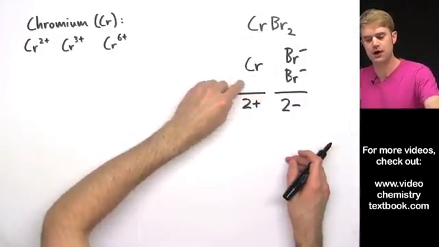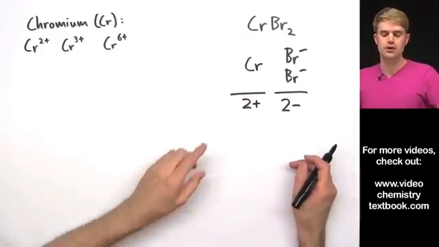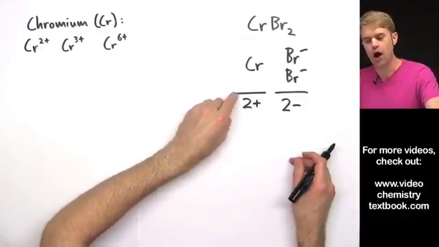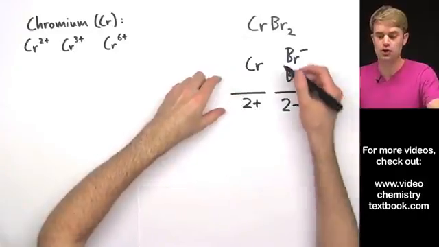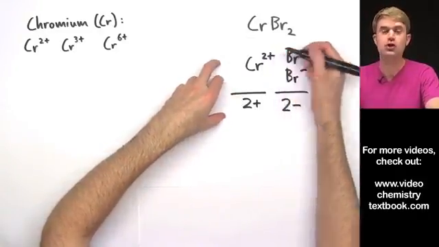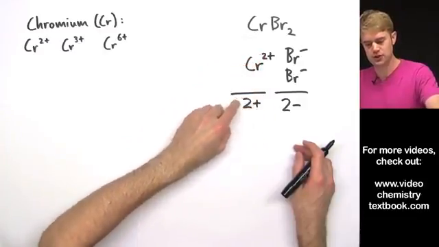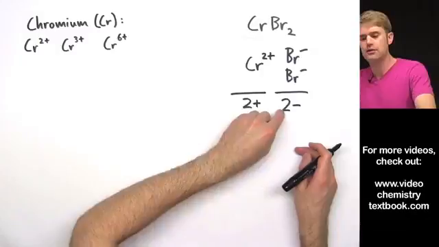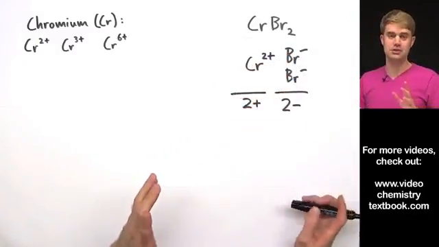Chromium is our positive ion, and we have 2+ of positive charge. So this 1 chromium ion has to hold all of this positive charge because we only have 1 of them. So the charge on chromium is 2+. We have 1 chromium 2+, which gives us 2+ of charge, balanced out by 2- of charge contributed by 2 Br-.